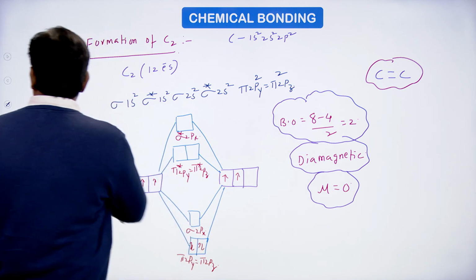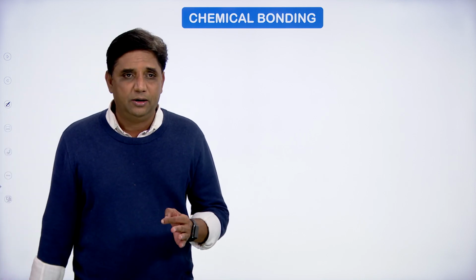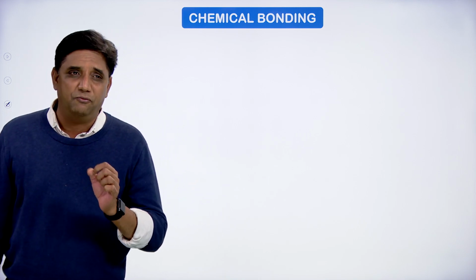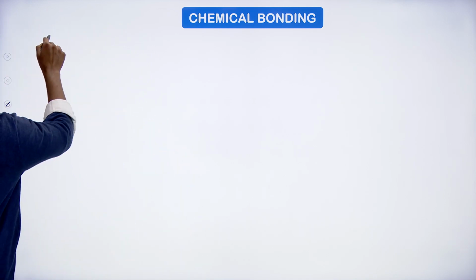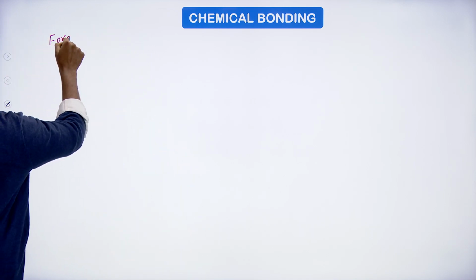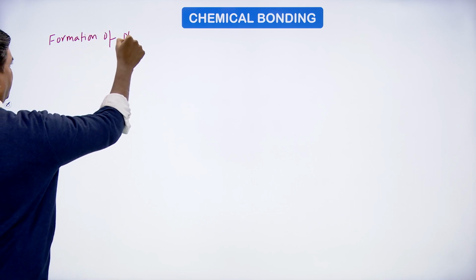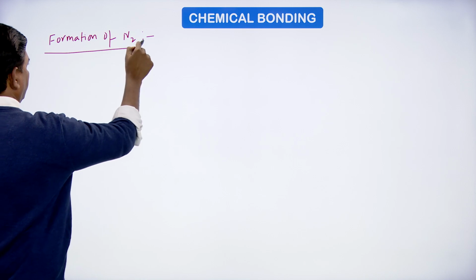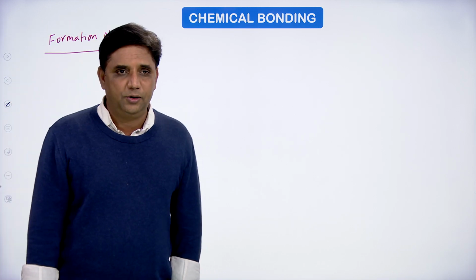Now, formation of N2, students. Now we are going to enter into nitrogen and related species, which are very, very important. Okay. Now let us see the formation of N2. Formation of the N2 molecule.